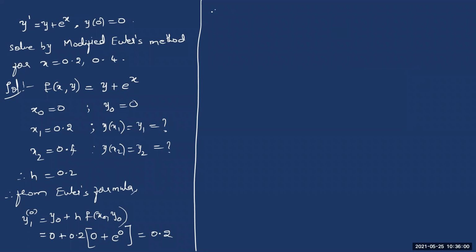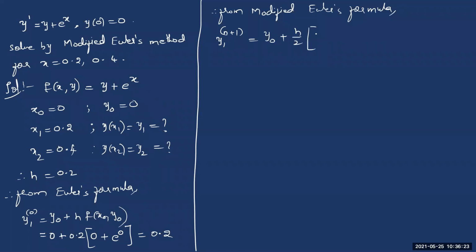So from the modified Euler's formula or method, we can calculate y1 (n plus 1)th approximation is equal to y naught plus, we'll take the average, h by 2 times f of x naught, y naught plus f of x1 comma y1 nth approximation. I'm just writing the generalized formula. Now, the initial approximation of y1 we have already calculated.